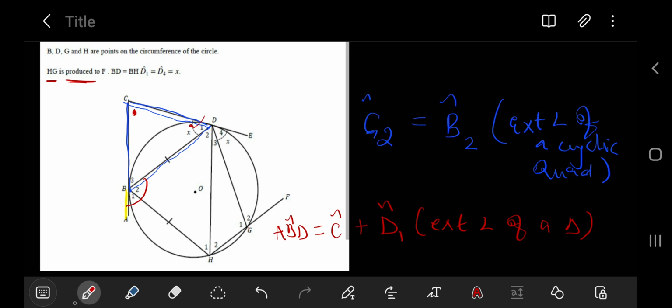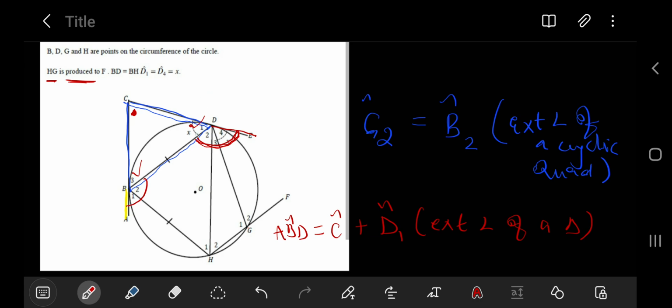Okay. And the same thing would apply to the other side which has been produced, which is CD, right? CD has been produced to E. So there is a continuation here, right? So you should expect an exterior angle. That is our exterior angle, okay? And that exterior angle is equal to angle C plus B3, right?